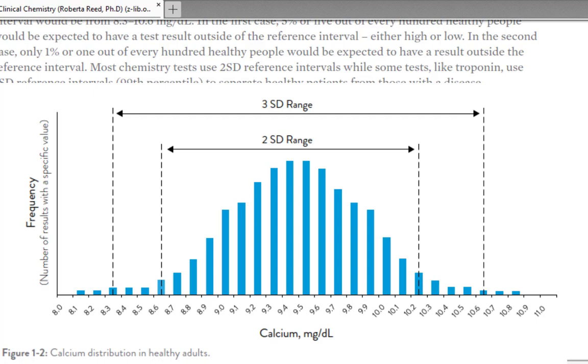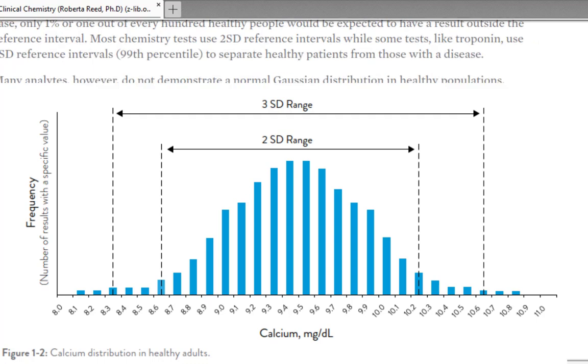Similarly, a 3 SD reference interval would comprise 99% of the distribution of results from a healthy population.